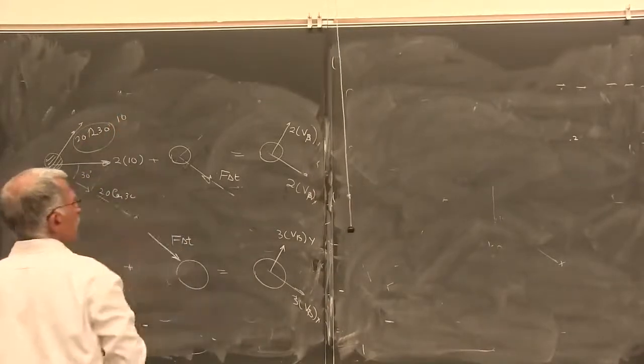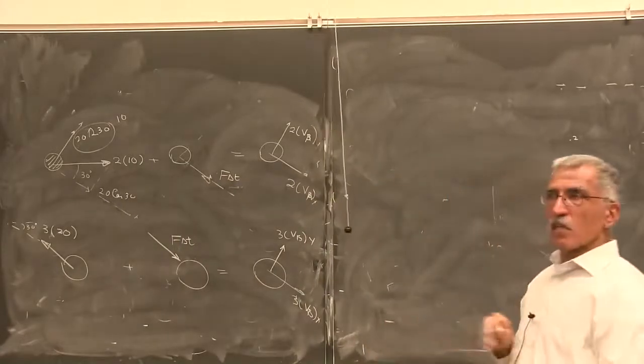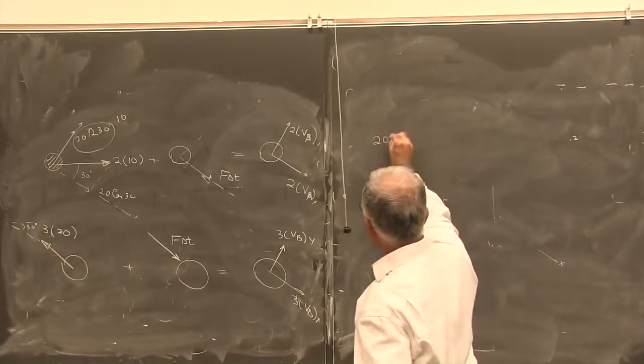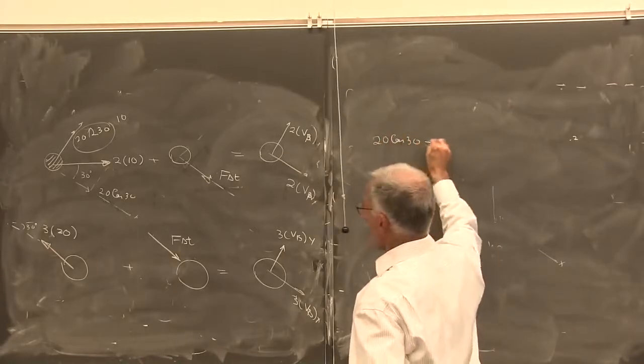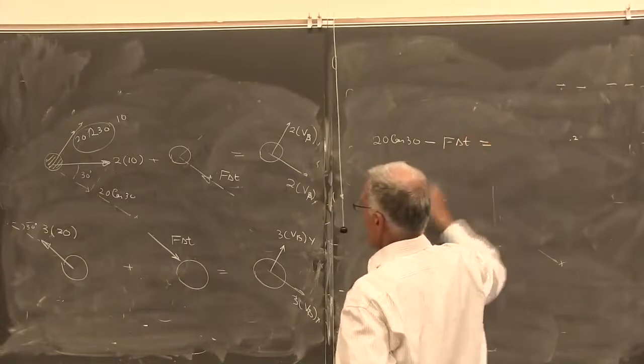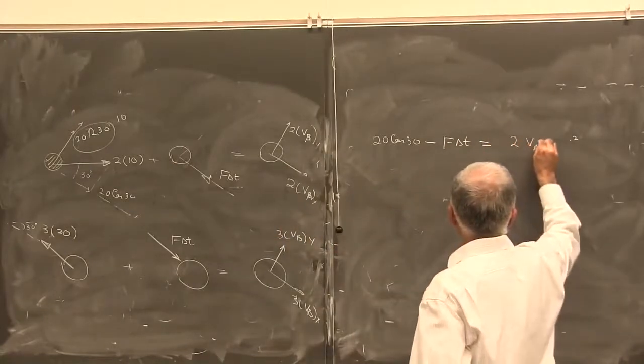If you write it in the x direction, 20 cosine 30 minus F delta t must be equal to 2VAx.